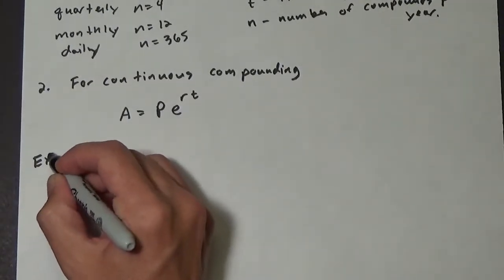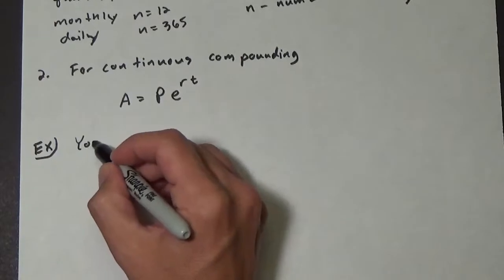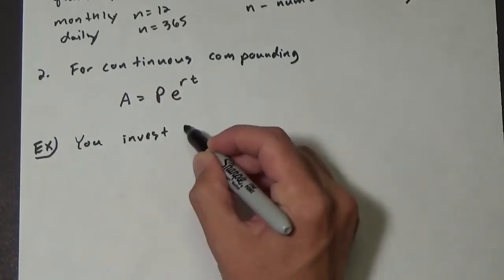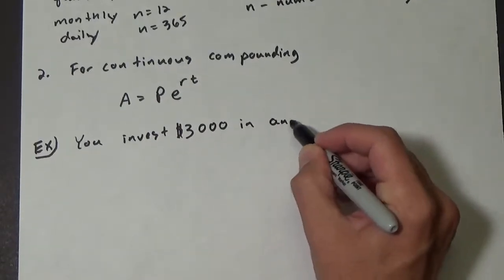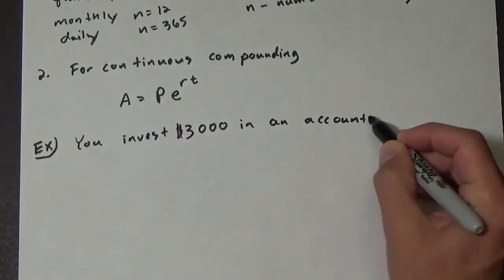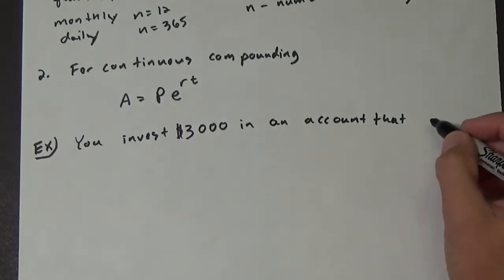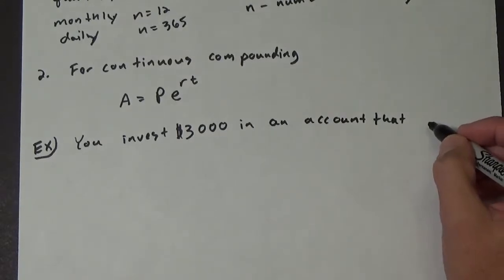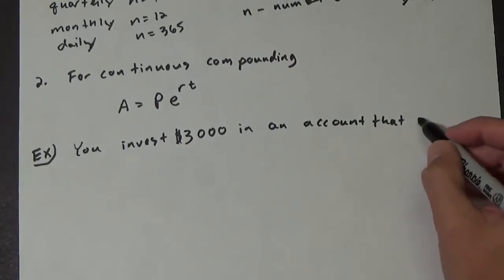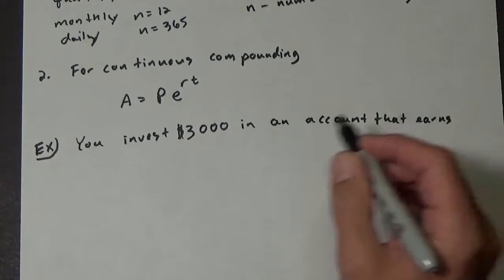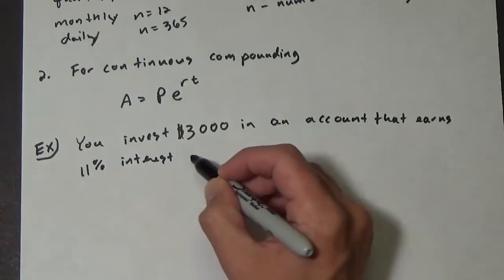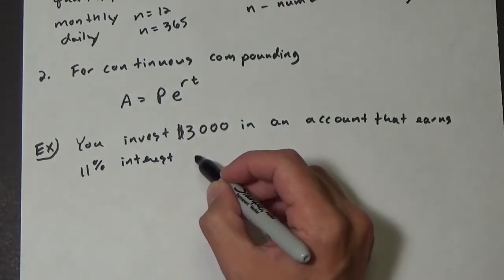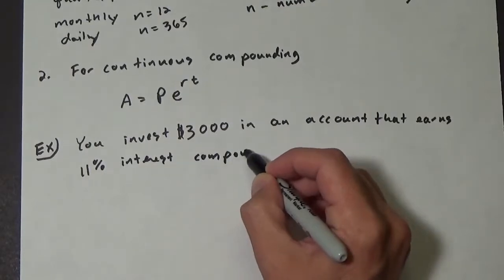So let's look at an example of using this. You invest $3,000 in an account that earns 11% interest compounded.